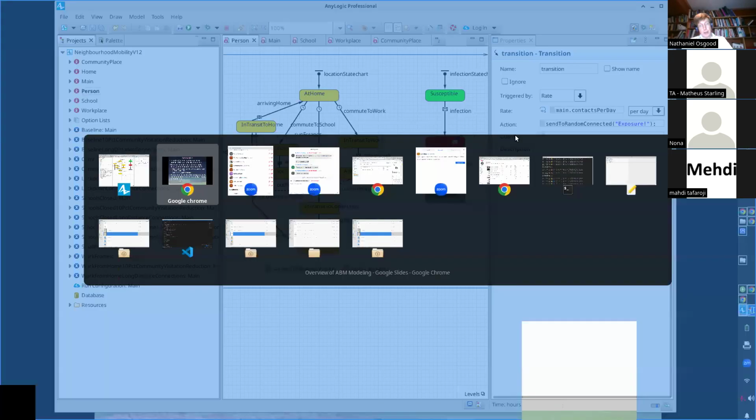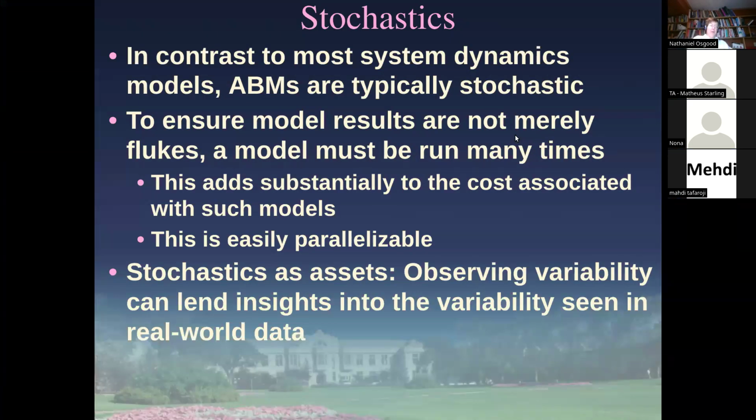So stochastics are not always, but very commonly, at the heart of many agent-based models. And it's not surprising, because we're depicting things, in large part, at an individual level.